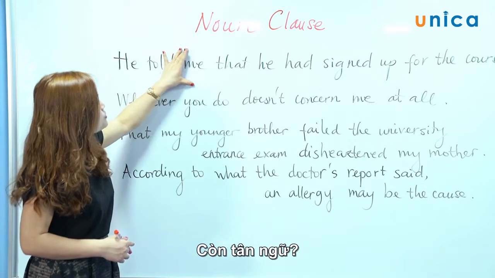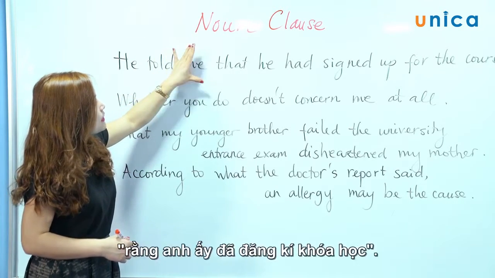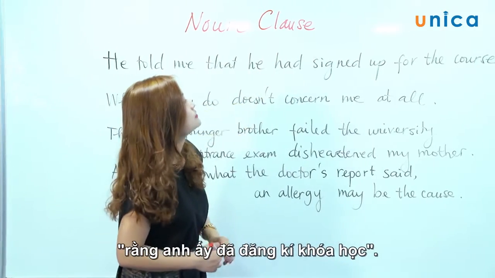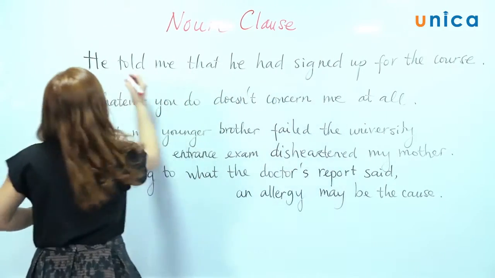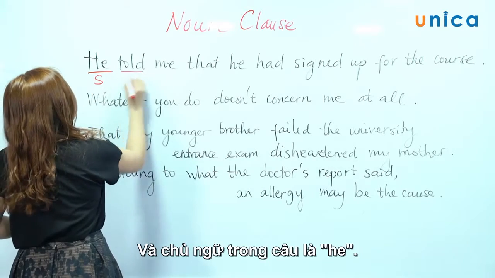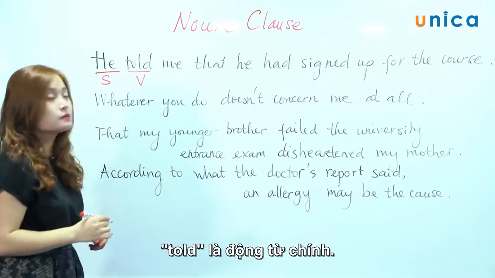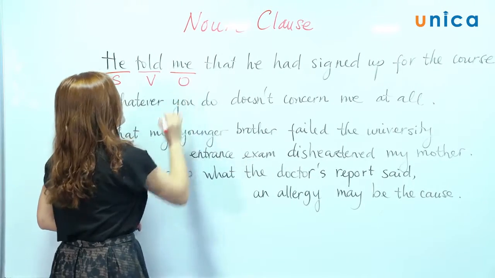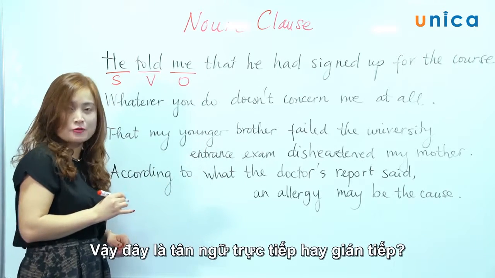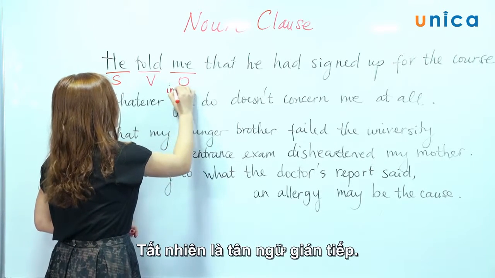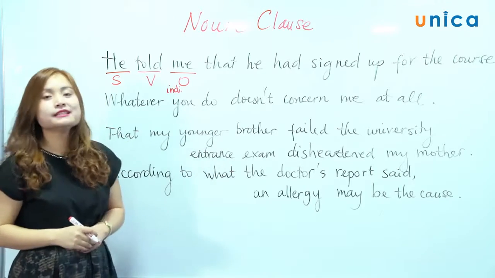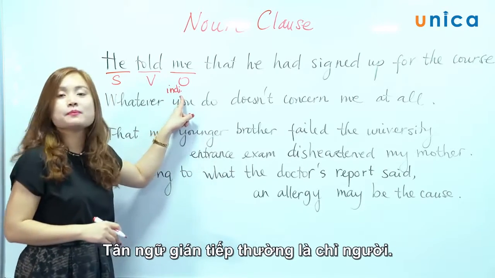And then the object, me. And that he had signed up for the course. So subject of the sentence, and told, main verb, and this is an object, direct or indirect. Of course, indirect object. Indirect objects are normally people.